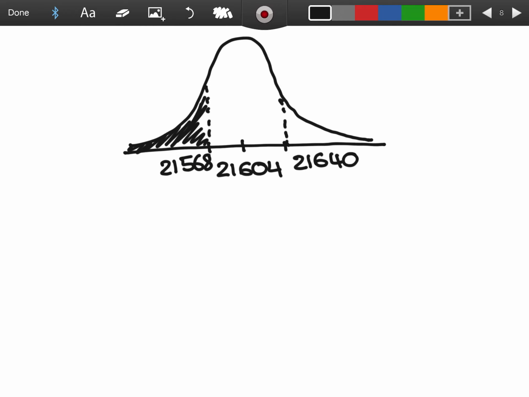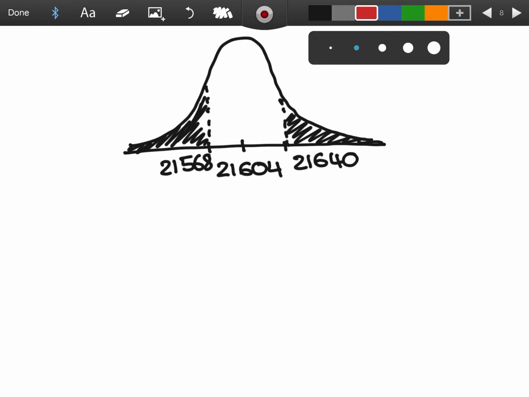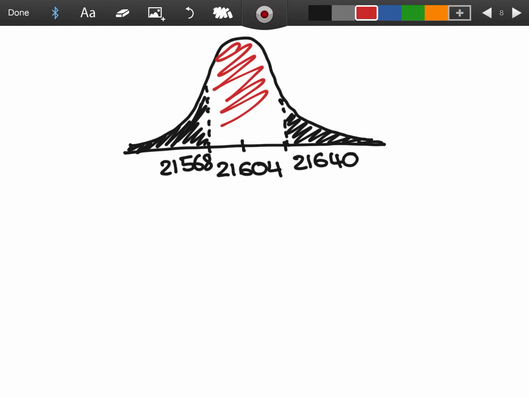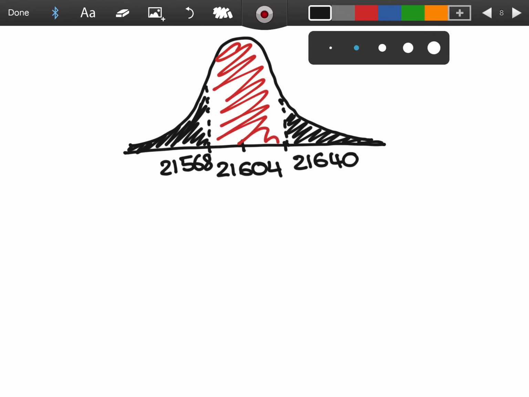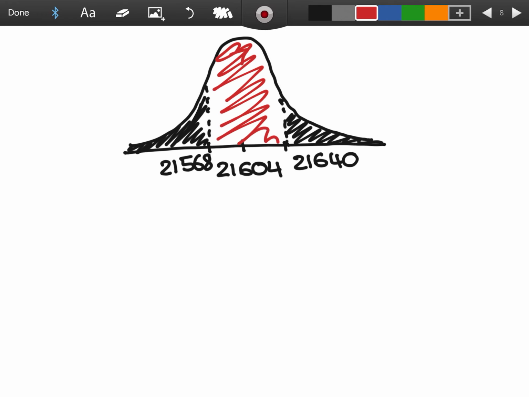Okay. So if I've gone $36 either side of that mean, they want the probability that it differs by more than $36. So they want the probability that you land either over here or over here. Okay, if they wanted what is the probability that it differs by less than $36, you'd be looking at the area here. Okay, but it's what is the probability that it differs by more than $36. So in this case, I'm actually going to figure out the probability that it differs by less than $36.